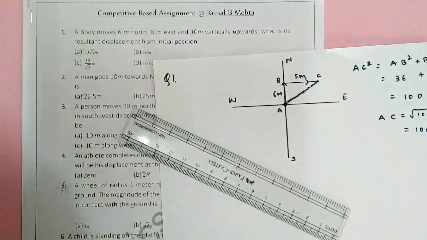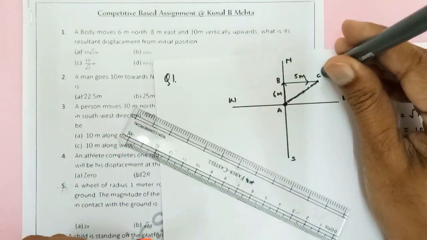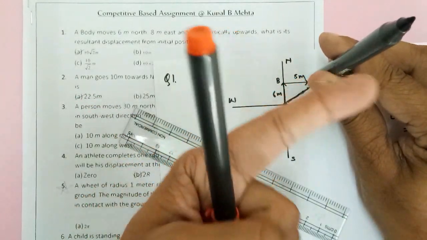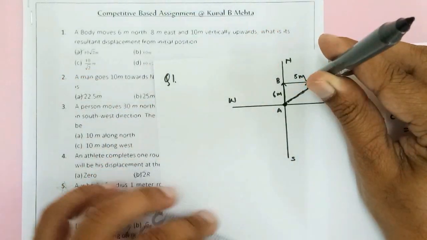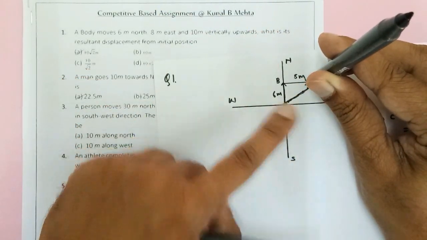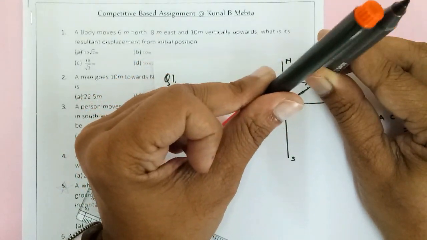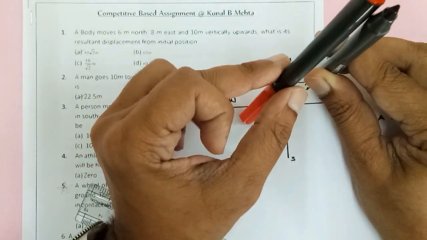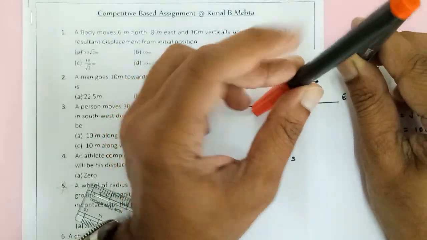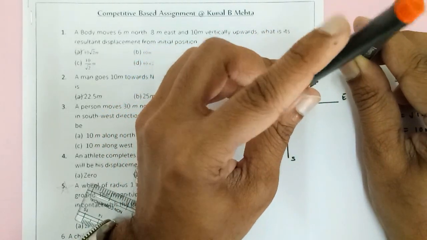So let me try to show you. Suppose this is 10 meter vertically upwards. So this is starting point, this is finishing point. So I'll put another marker pen like this, and finally this is the displacement, the length of this pen.